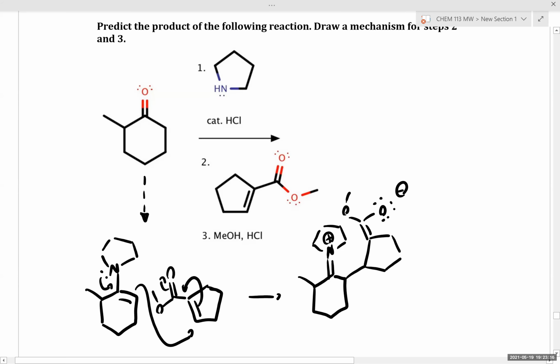So would anyone like to show the next step for this mechanism? So now that we have our conjugate addition product, what happens next?